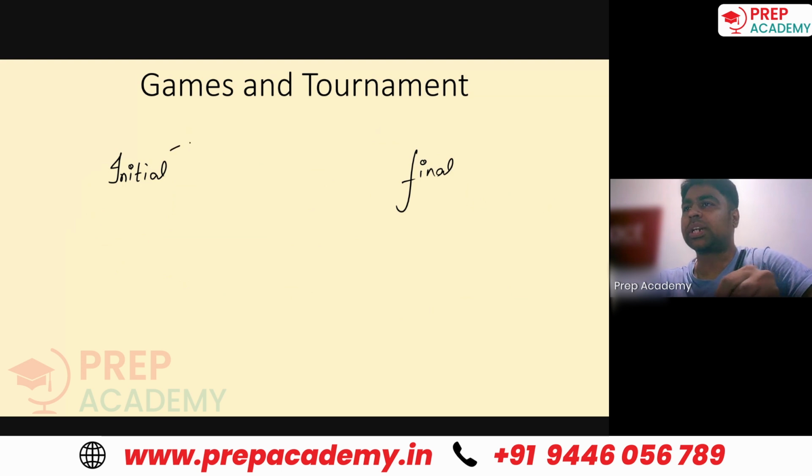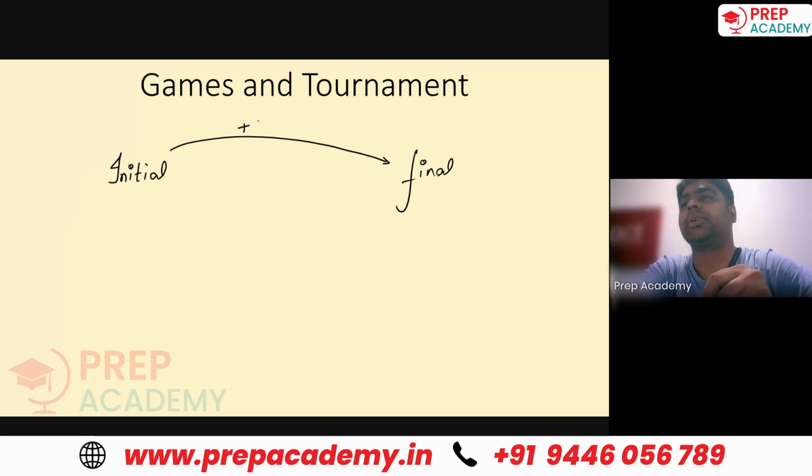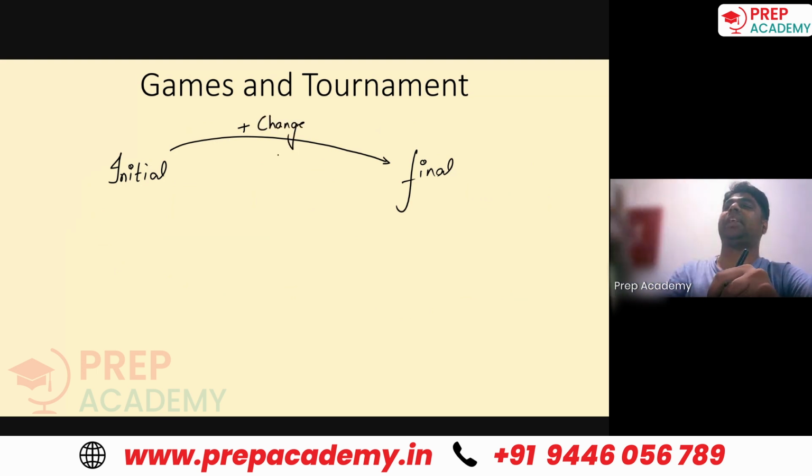Do you know the concept? Compare the percentage change in quantity bought or something for the price given. Good. So from initial, if you have to reach the final, the change can either be a plus change or a minus change, right?